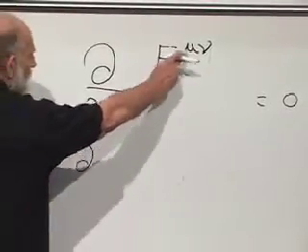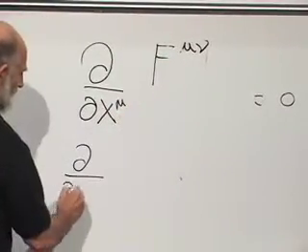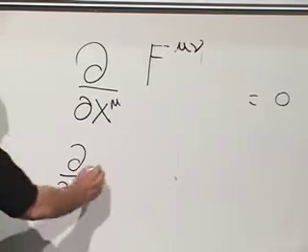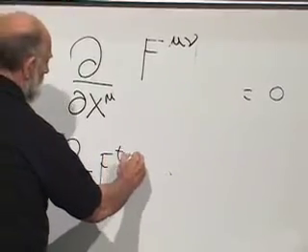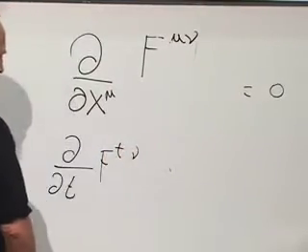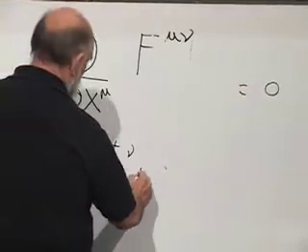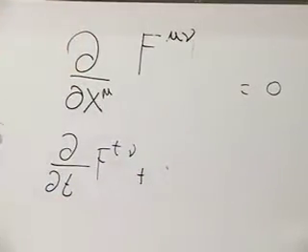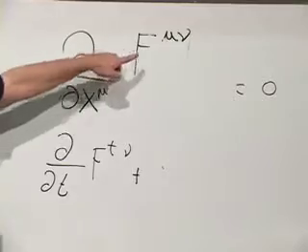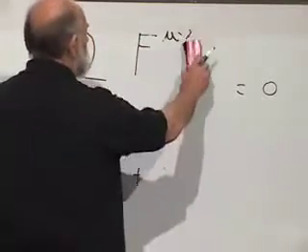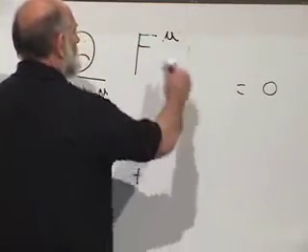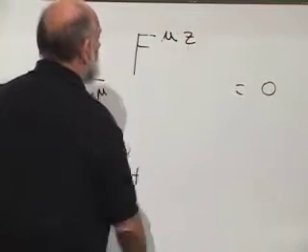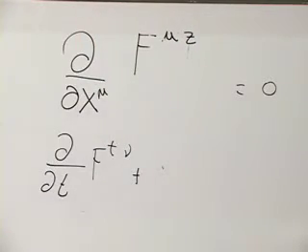First of all, mu can be t, d by dt of F t nu, plus, in fact, let's specialize. Let's take nu to be z, just for fun, and see what we get.